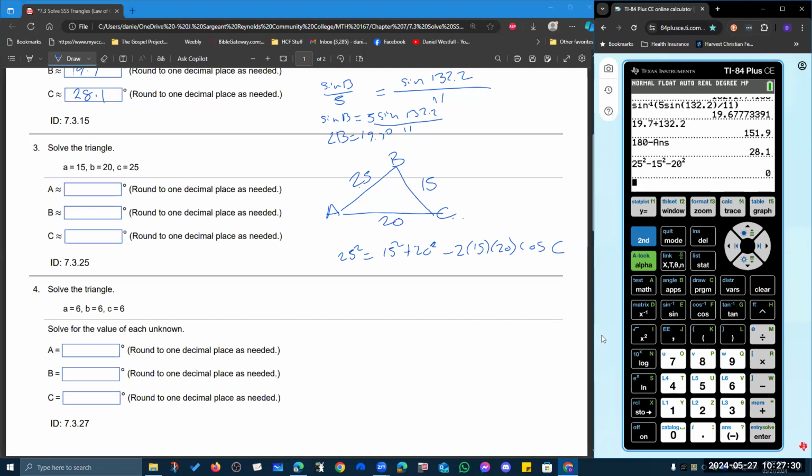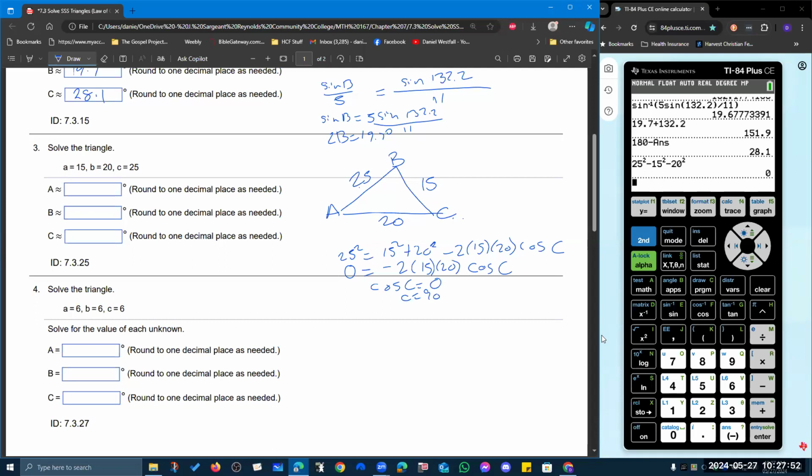So 0 equals negative 2 times 15 times 20 cosine of C. So cosine of C equals 0. And that means that C is going to be 90 degrees, even though it's not drawn that way.